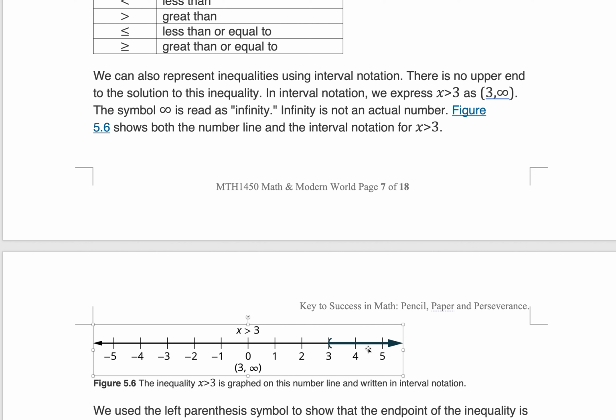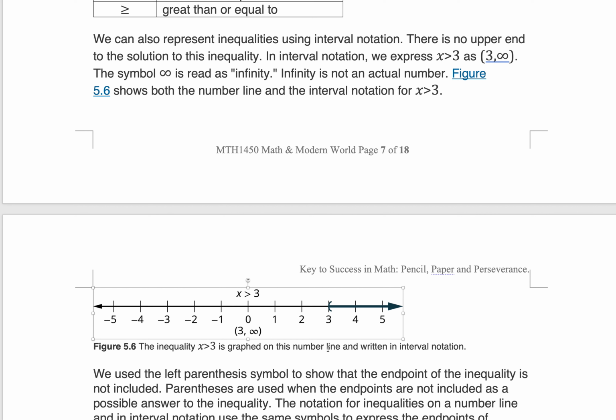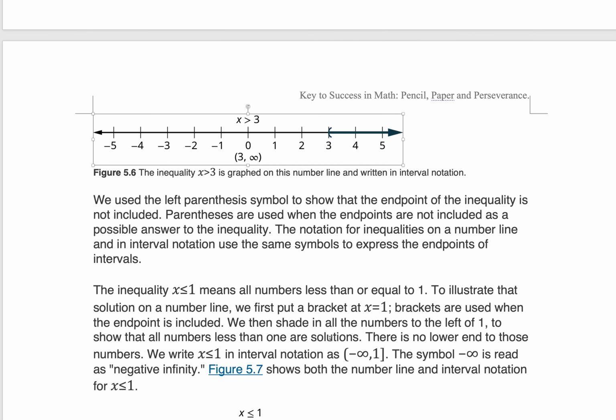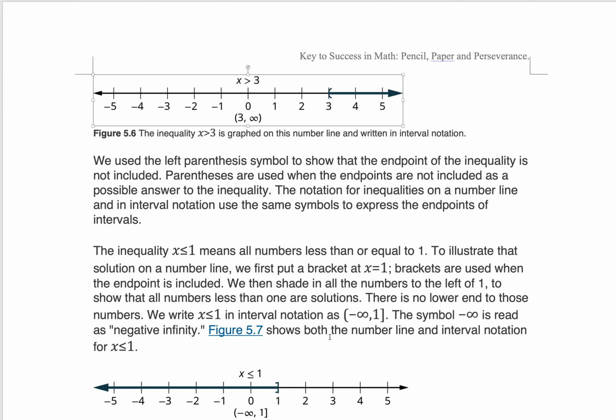At this particular point 3, there is a round parenthesis, which really means the number 3 is not included because it is strictly greater than. Similarly, we may have the next inequality, x is less than or equal to 1. Clearly, in this case, 1 is included.